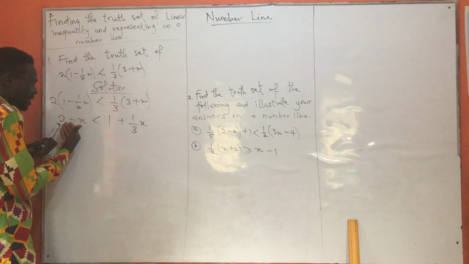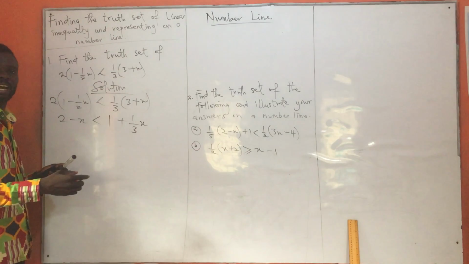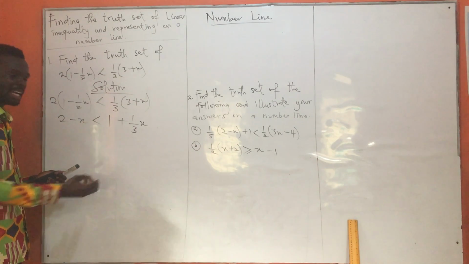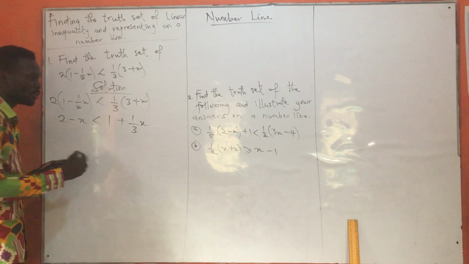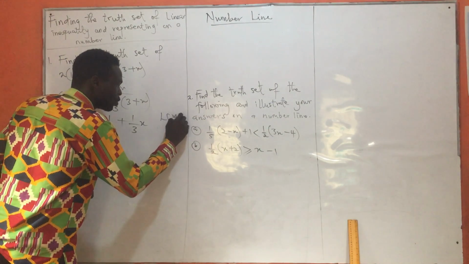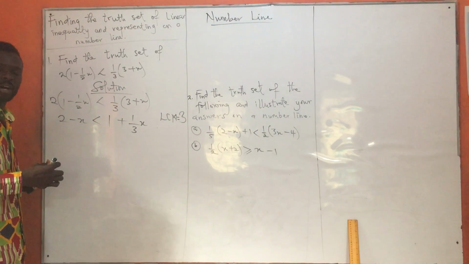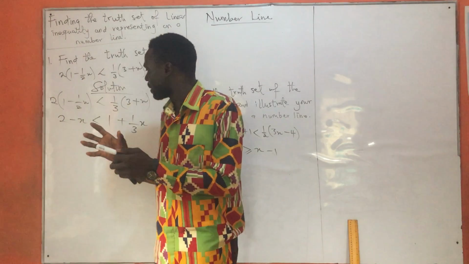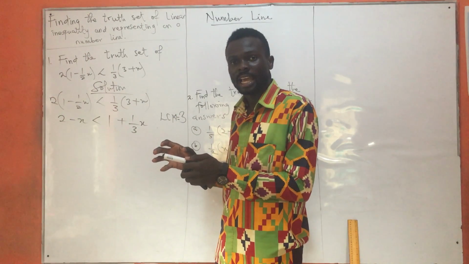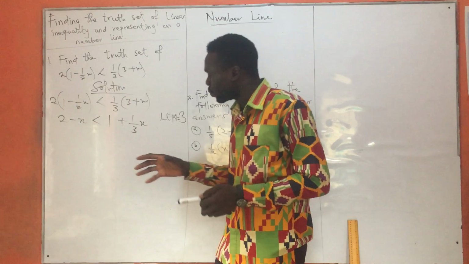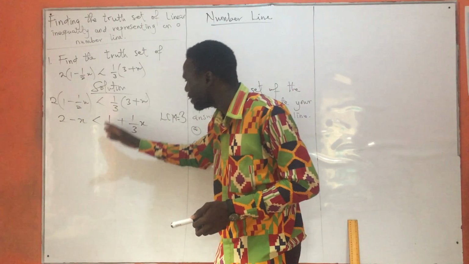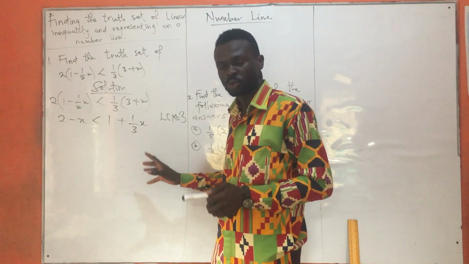With this, we can now find the LCM. What will be the LCM? The LCM happens to be 3. What do you do with the LCM? After finding the LCM, we multiply each term by the LCM. So let's do that.